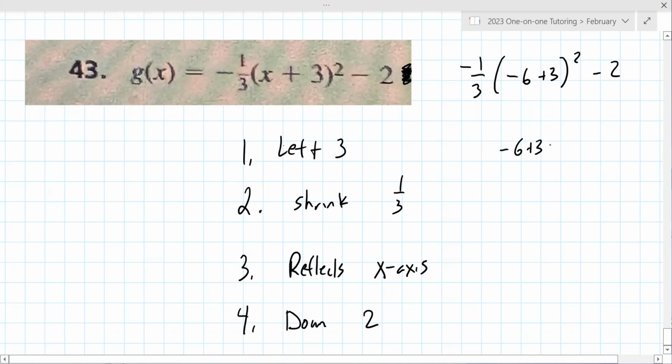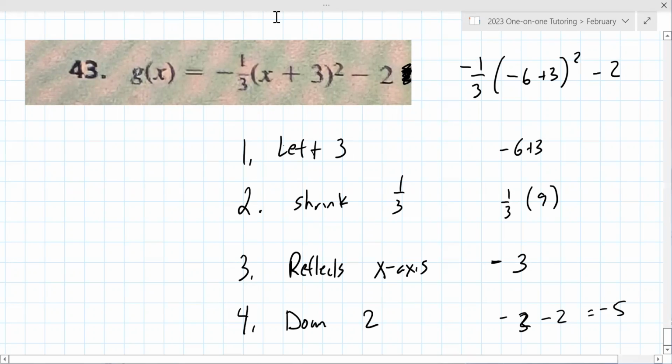That's the left 3. Then you'd have 1/3 times 9. That's the shrink. Then you would negate it. Then you would subtract 2 from it. So the order is the order in which you would evaluate it.